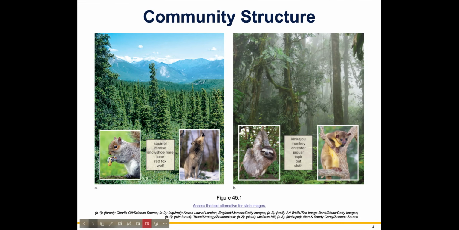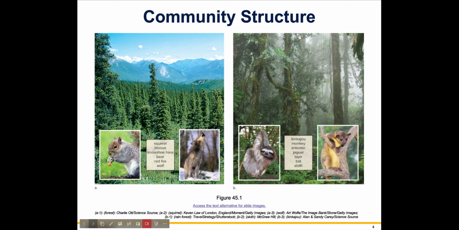And so you can see that different communities are going to have a different structure to them, a different diversity and a different richness. So we can take a look at something like a pine forest where we've got a squirrel, a moose, a hare, a bear, a fox, and a wolf as the animals, and of course our pine trees.